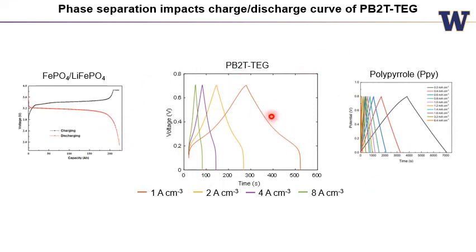This isn't a perfect triangle, but we also don't see a perfectly flat plateau. This is still an open question, why do we see this behavior? But it looks like we have one slope when we have this phase separation, and then once this phase transition goes to completion, we see more behavior that's like a supercapacitor.